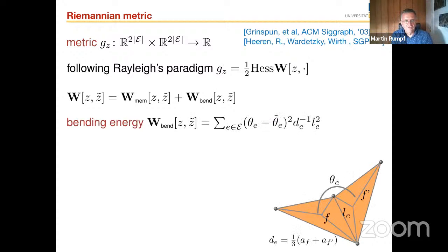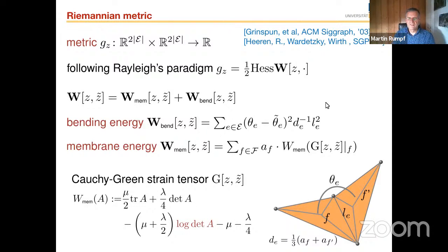And for discrete surfaces, the bending energy can, for instance, be defined by considering a discrete change of the dihedral angle, theta e, that is really doing bending, yeah? Properly scaled so that we turn this into a discrete surface integral.